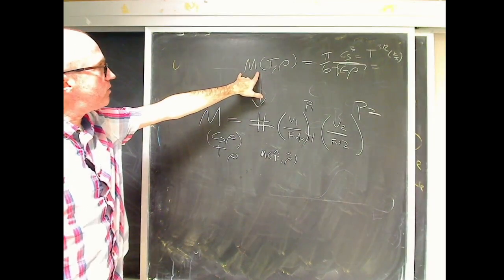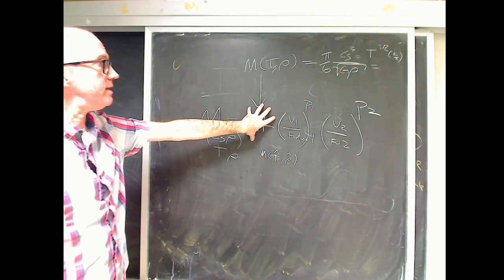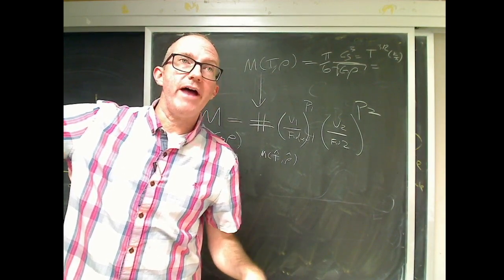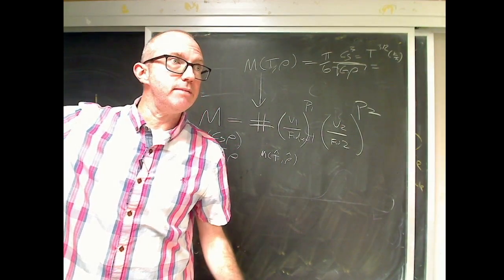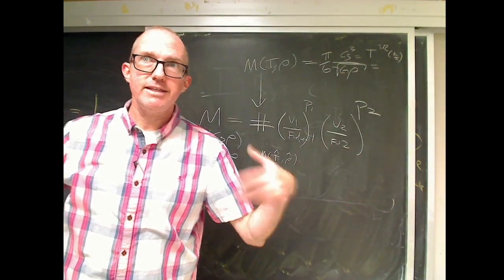So I just evaluate my function at my fiducial values, and that gives me this. The Jeans mass at 10 Kelvin and 1,000 particles per cubic centimeter is 2 solar masses. Make sense? Then this gives me the scaling too.